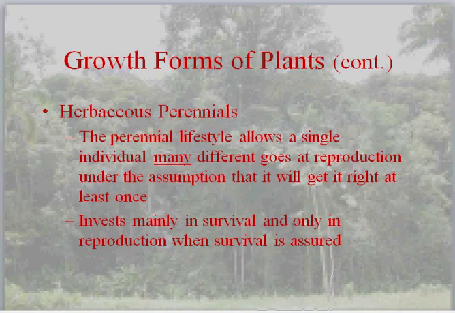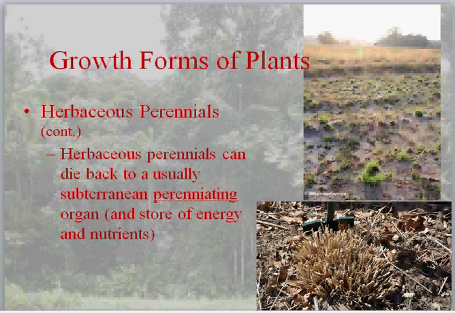So these herbaceous perennials invest initially in survival, and they only reproduce when survival is assured. So in terms of plants, that means that they will invest in underground subterranean perenniating organs which quite often store energy and nutrients. So like a corm, a tuber, a rootstock, or something like that, which is protected from the disturbance which may pass through.